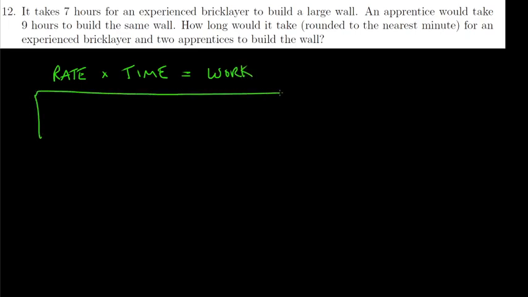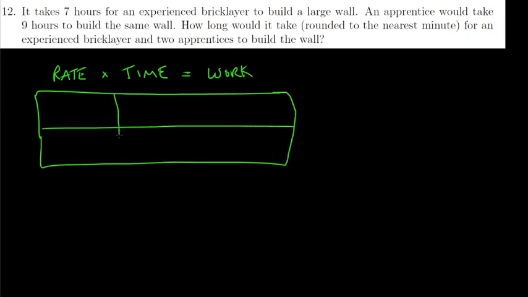And the equation we want, right, is the amount of work. So the rate of work, right, times the time is equal to the amount of work that gets done. So build a little table here. So first of all, what do I mean by rate of work?